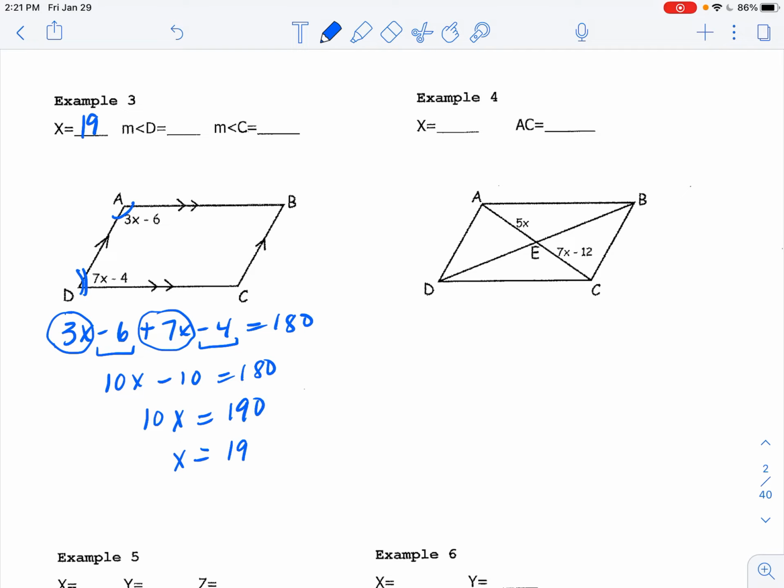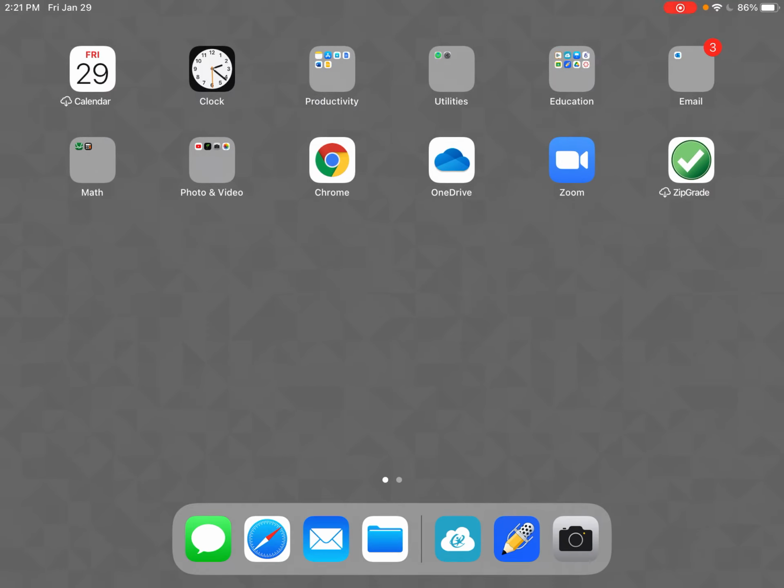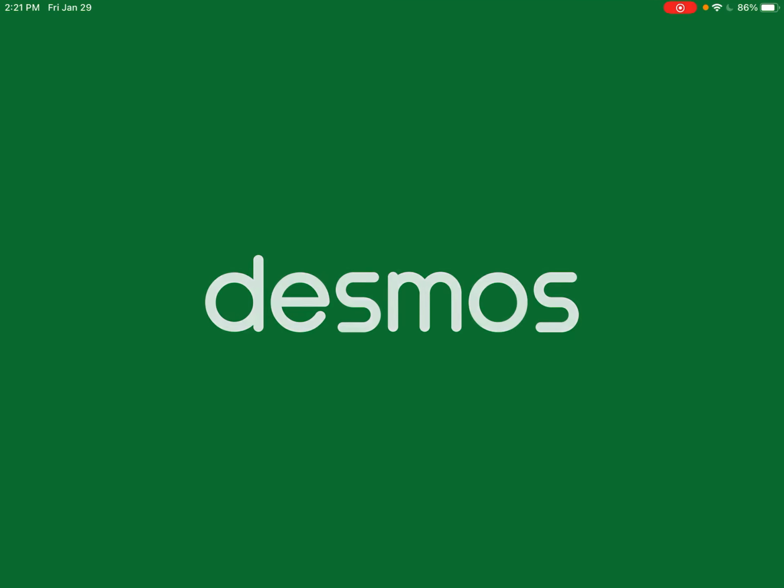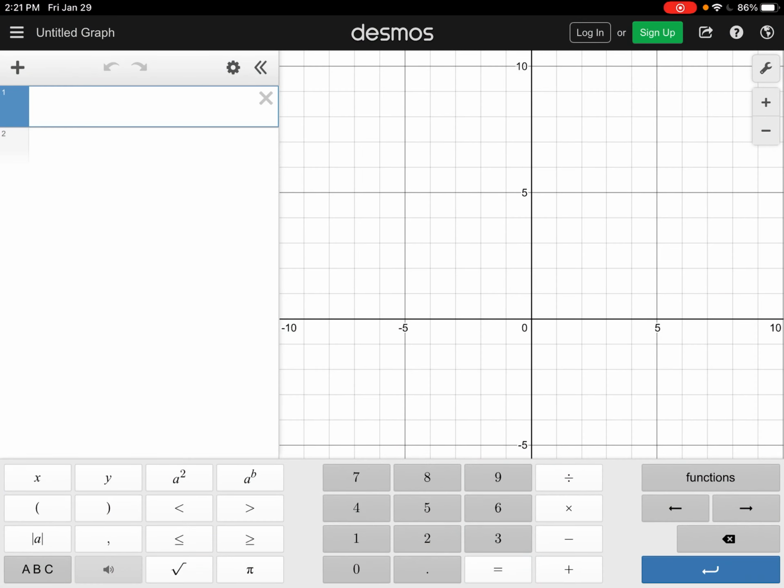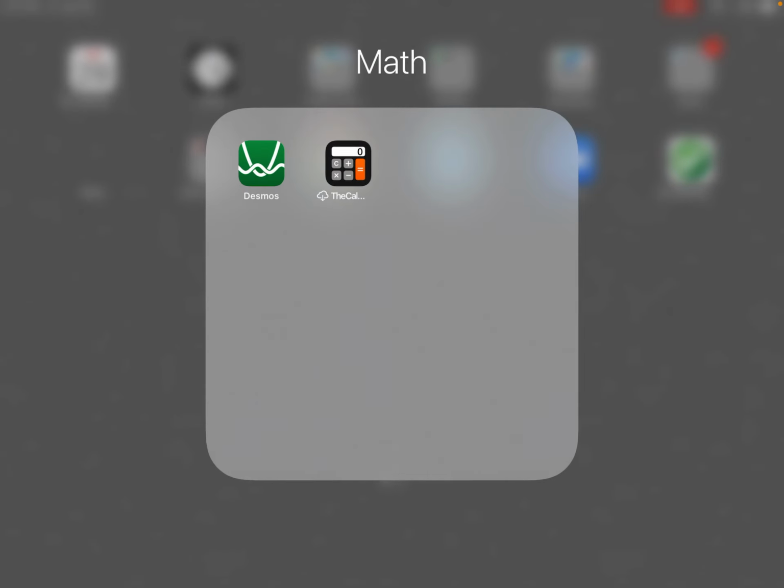All right, so now to figure out what these angles are, I need to substitute the 19 in for the x. So this is going to be 7 times 19 minus 4. I don't know what that is. 3 times 19 minus 6. Let's go to Desmos. 7 times 19 minus 4. All right, 129.